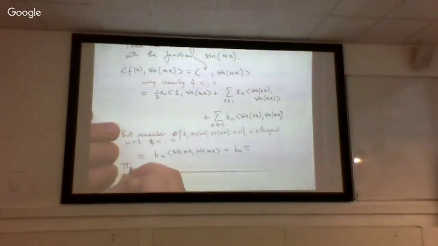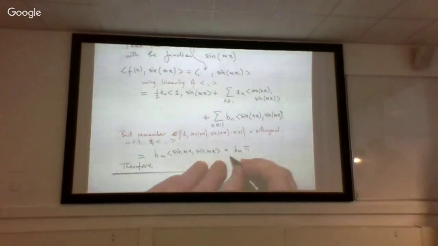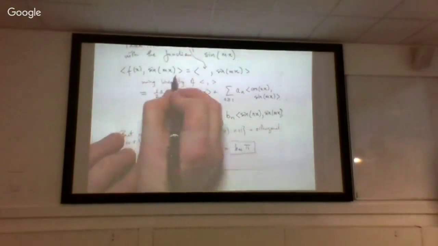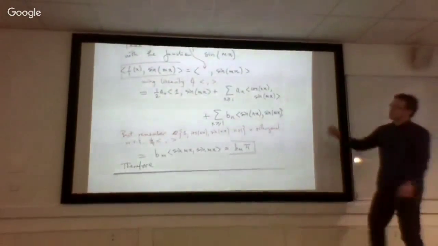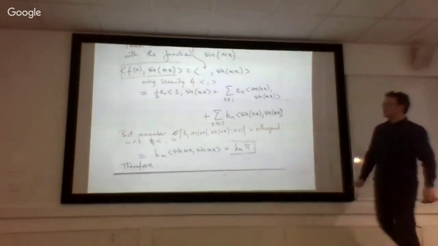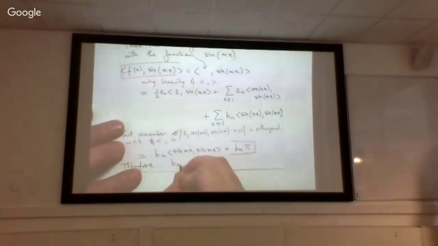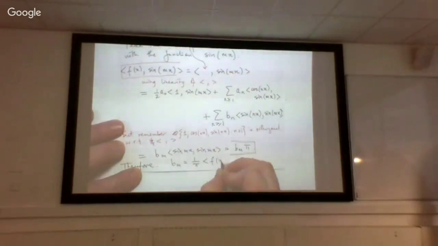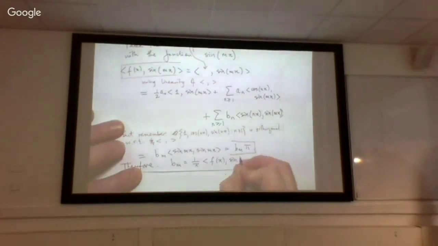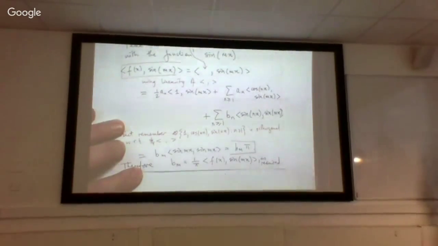So therefore, you take this equation now, and you see you've got bm times pi. This is the inner product of f with sine of mx. That's the conclusion we're picking out. This gives us the required formula for bm.